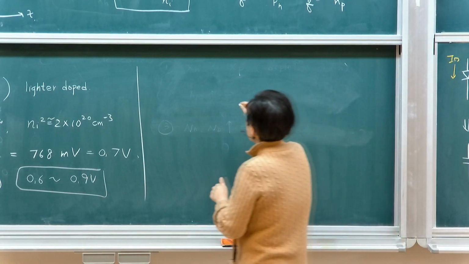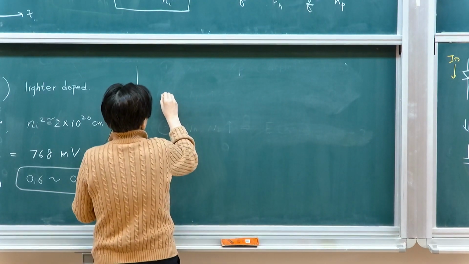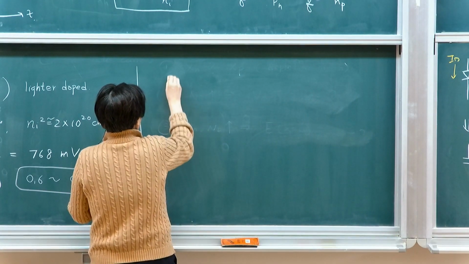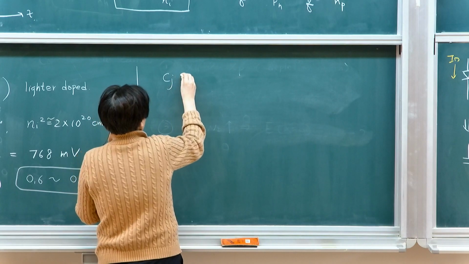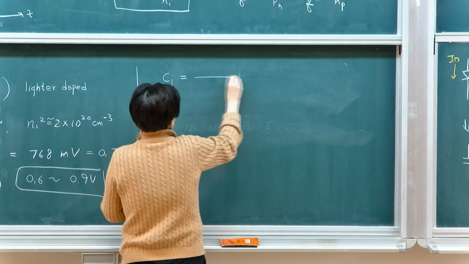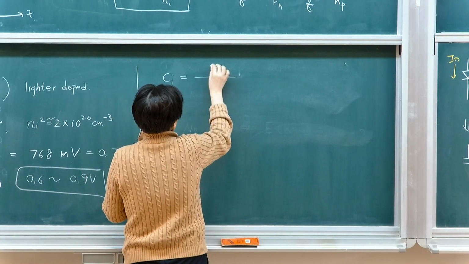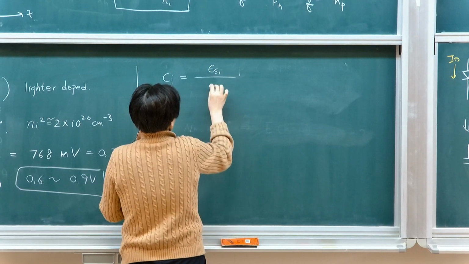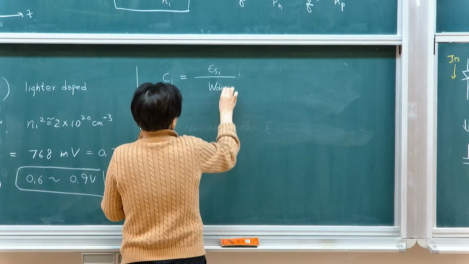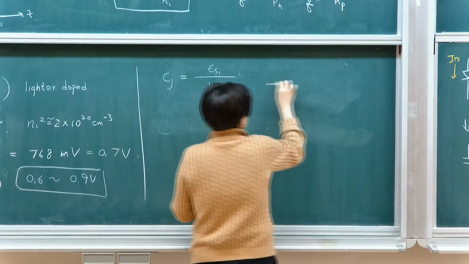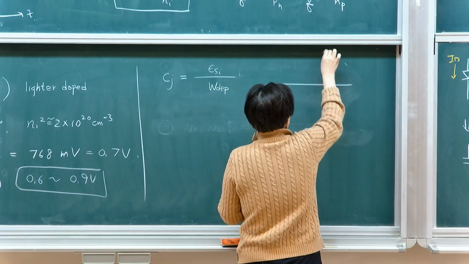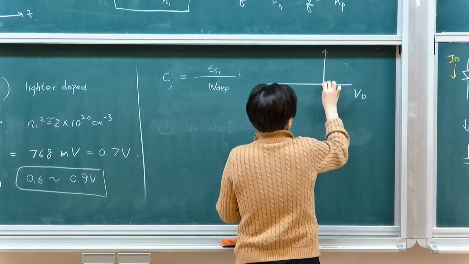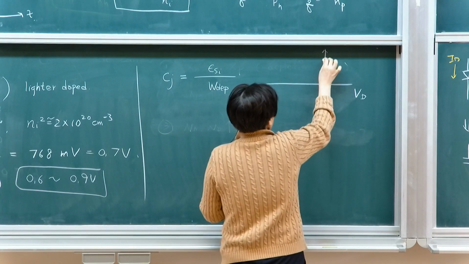So what we can expect, just from the understanding, is that your junction capacitance is inverse, let me write it down. If I'm drawing this as a function of VD, so this is 0.